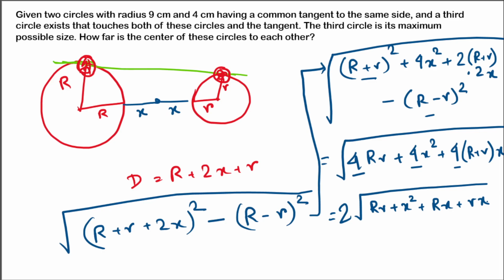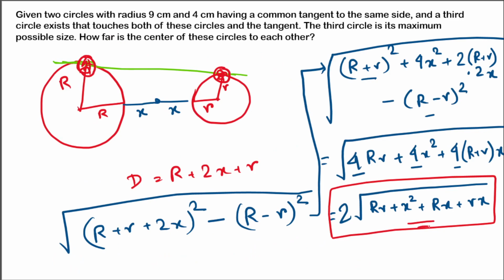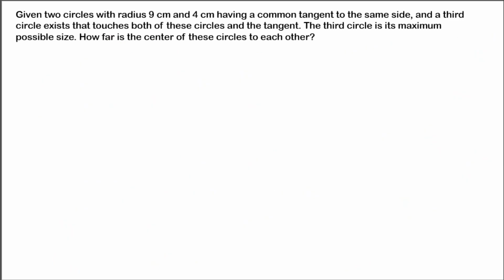So we have this in this particular term. Now that we have these distances, we have these two distances, so if we add these two distances, we will get the third distance, this one. So we'll try to do that.